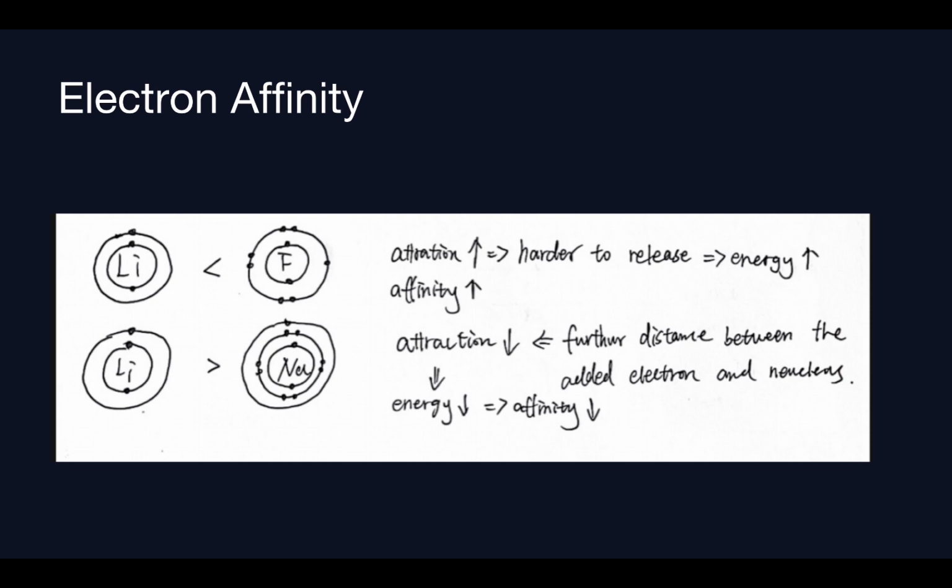So the change of energy is bigger because it turns into a more stable state and releases more energy. So yeah, I think that's all about affinity because there's not much to say about it and there's not much application of it.